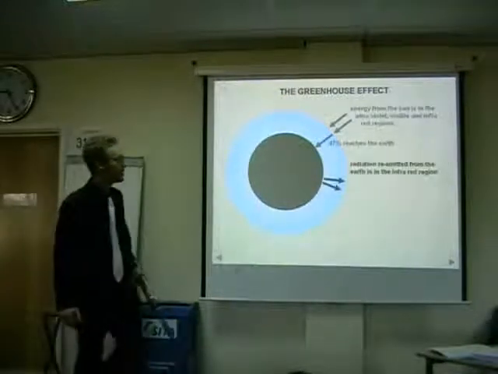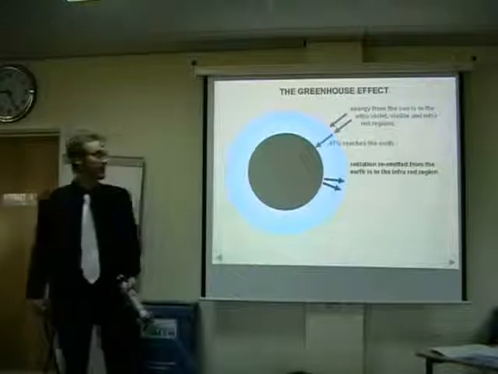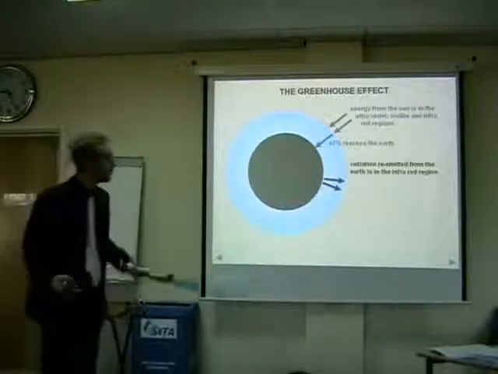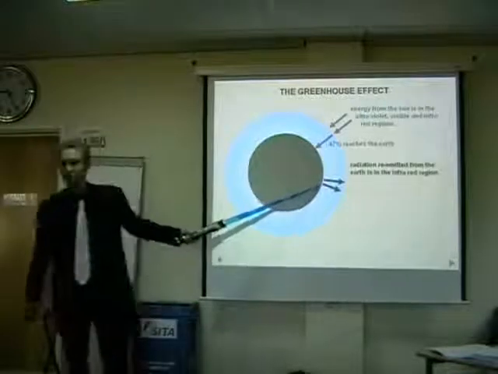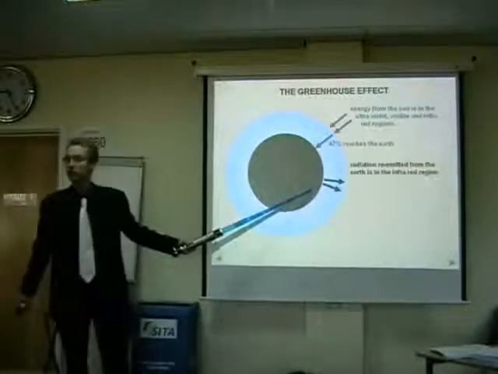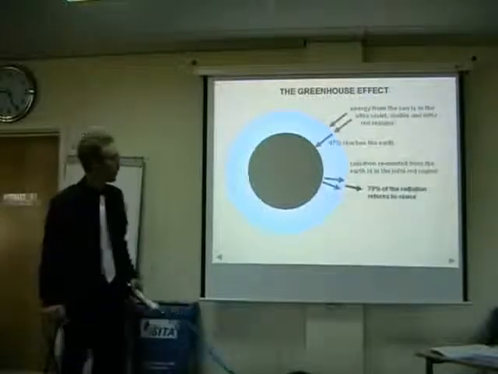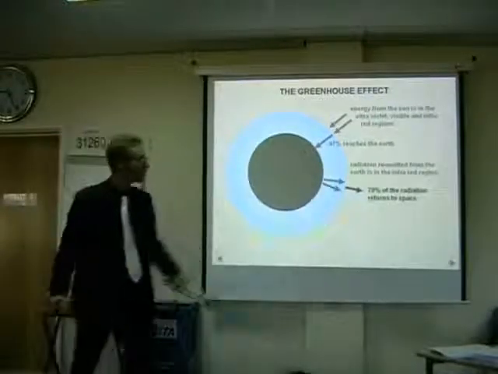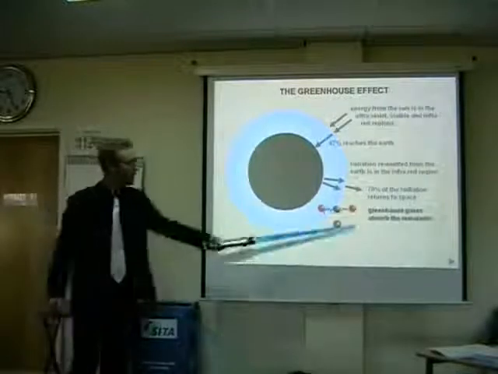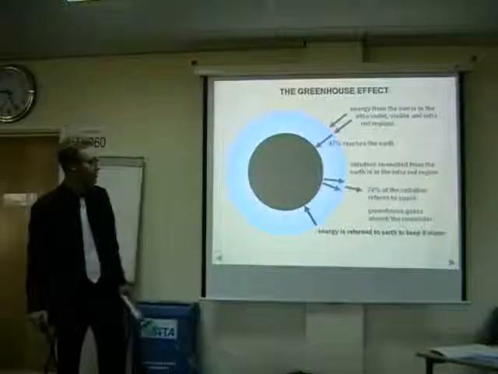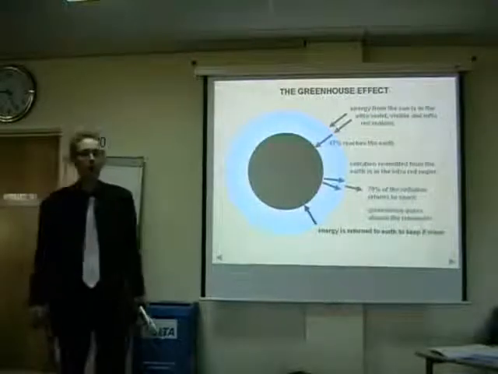Radiation is re-emitted from the Earth in the infrared region. Basically, it warms the Earth up. When it warms the Earth up, the Earth gets warm and gives off infrared light, which goes up into the atmosphere. And a lot of it goes to space, but the greenhouse gases absorb the rest. And the energy is returned to the Earth to keep it warm.